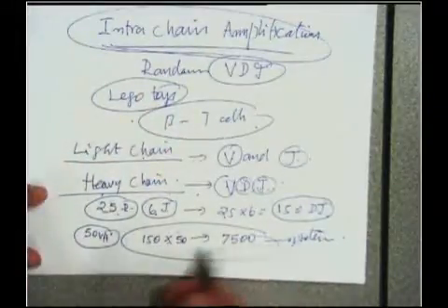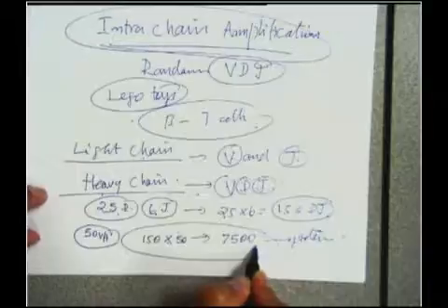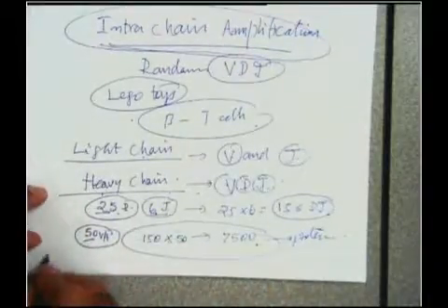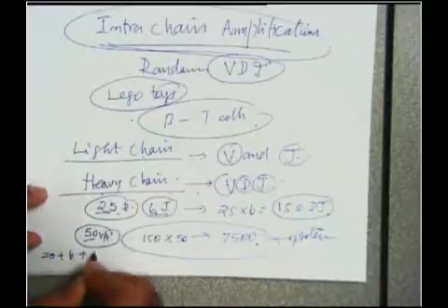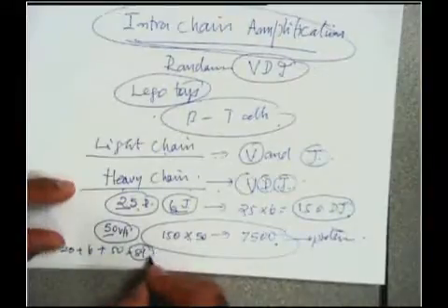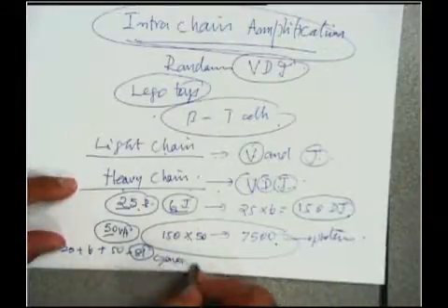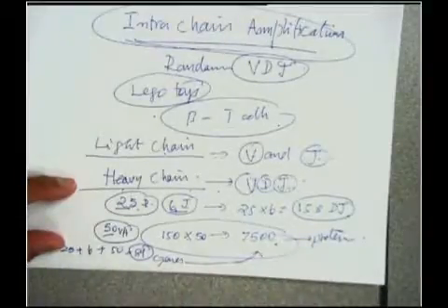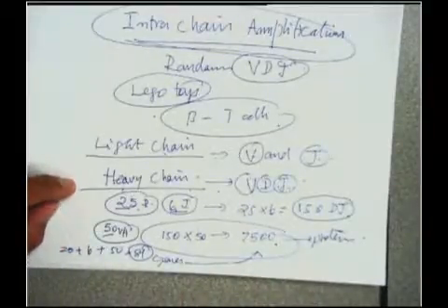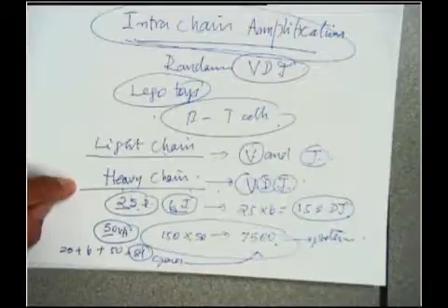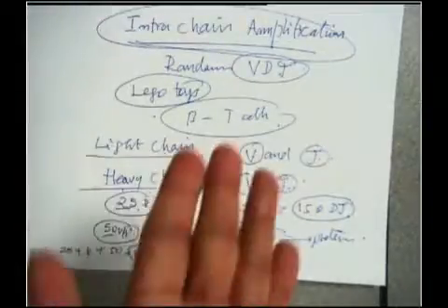But when you think of how many genes make this protein, 25 plus 6 plus 50. How many? 81. So the 81 genes make different combinations to produce 7,500 proteins. Do you follow that? So if you want receptors with different specificity, 81 genes is enough.